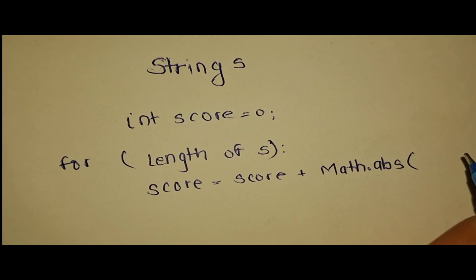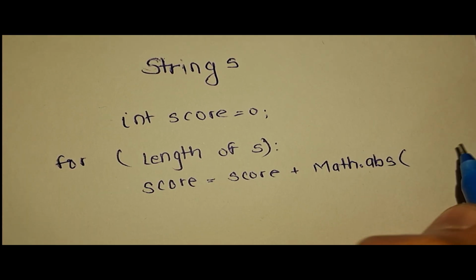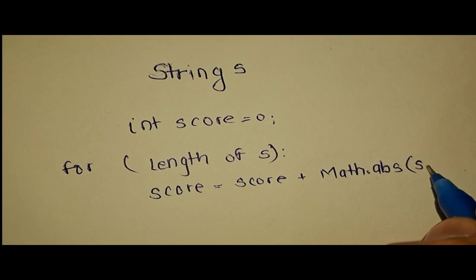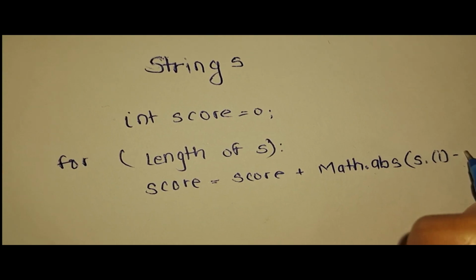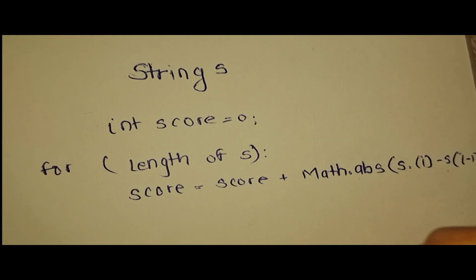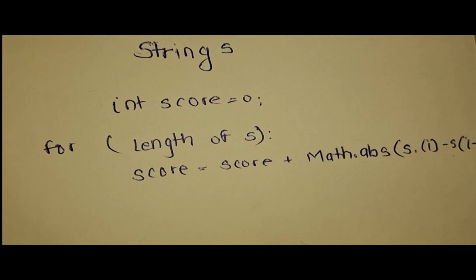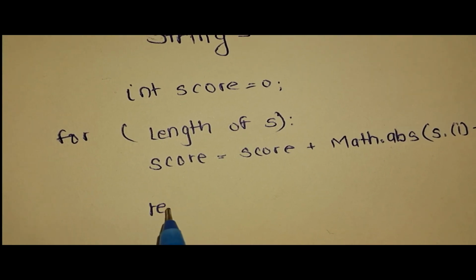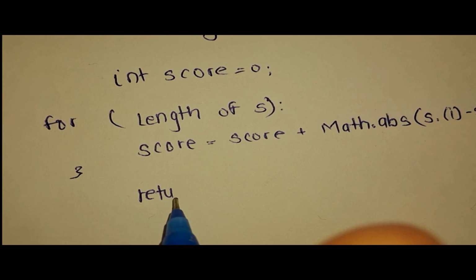We take the ASCII values of the characters, character at i and character at i minus 1, and take the absolute value of the difference. After the for loop is completed, we can return the score value.